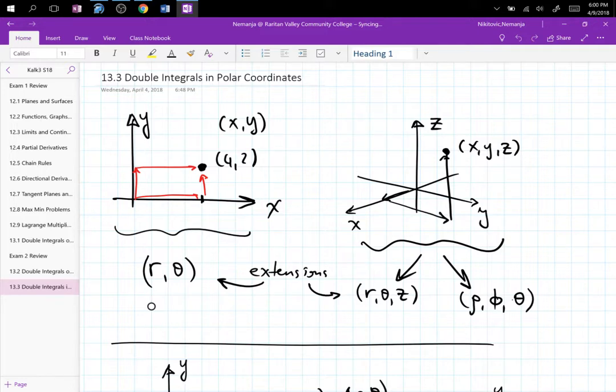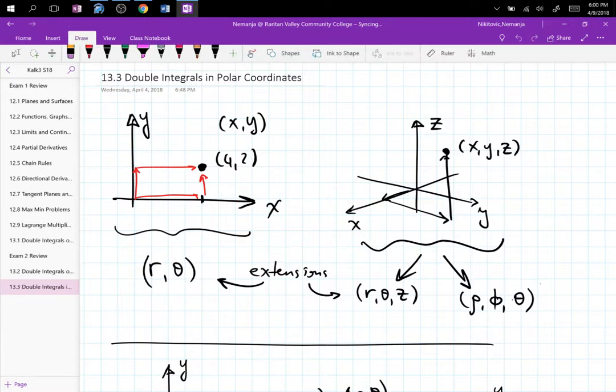There was a little review last class on polar coordinates, where I gave an introduction to what they represent and the way they work.